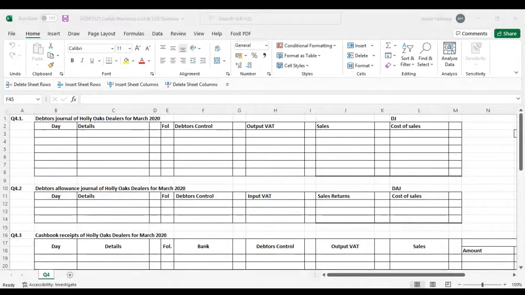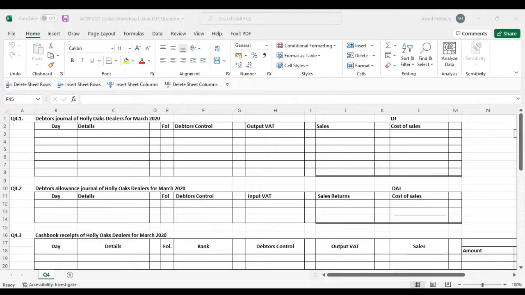I'm just going to stop sharing this and then share the Excel file. Okay, so you should see the Excel file on your screens.